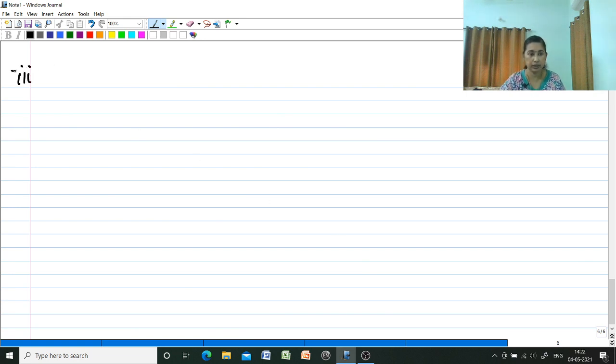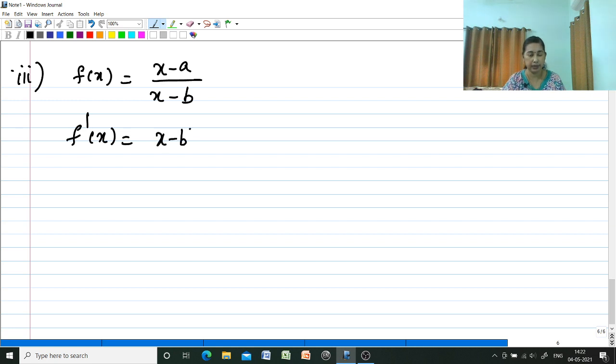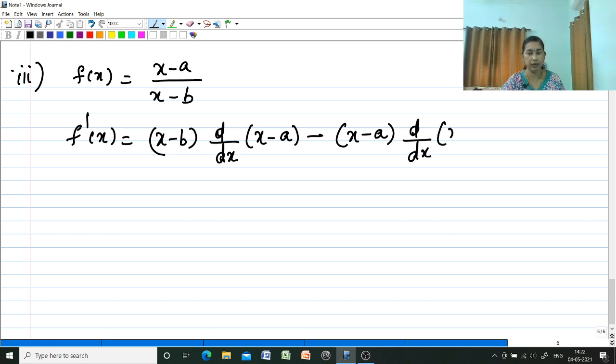third sub question here is, find the derivative of x minus a by x minus b. For that we can go for quotient rule. So what is f dash x? It is denominator x minus b into derivative of numerator minus numerator into derivative of denominator, whole divided by denominator square.